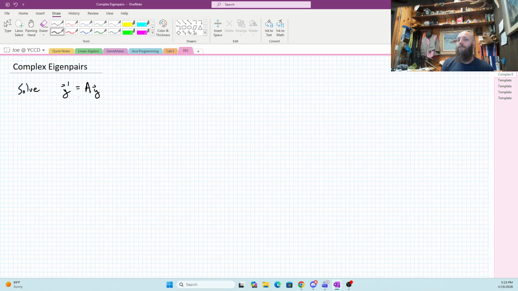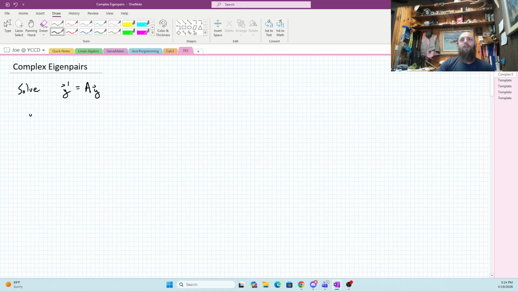My hope is that you've practiced up on this enough to know how to at least start this problem, and the way I start this problem is by finding the eigenpairs for the matrix A. The trouble is if we run into a complex eigenvalue, that oftentimes comes with a complex eigenvector, and we don't really know what to do with that.